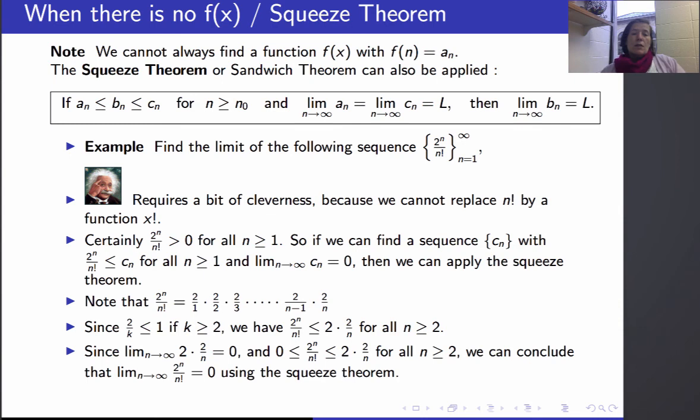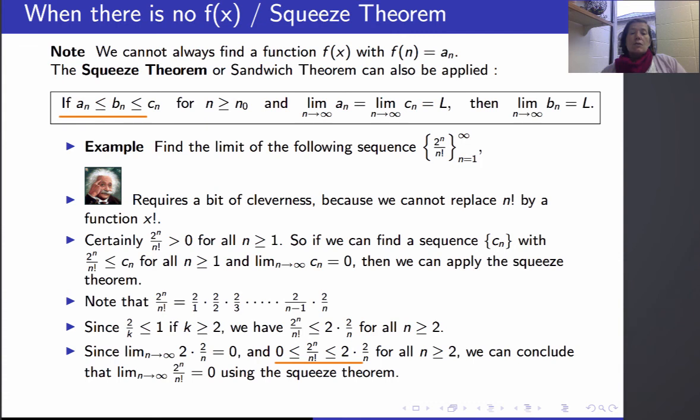So the limit as n goes to infinity of 2 times 2/n is 0. And now we've constructed this sequence c_n, which goes to 0, which bounds our given sequence from above.